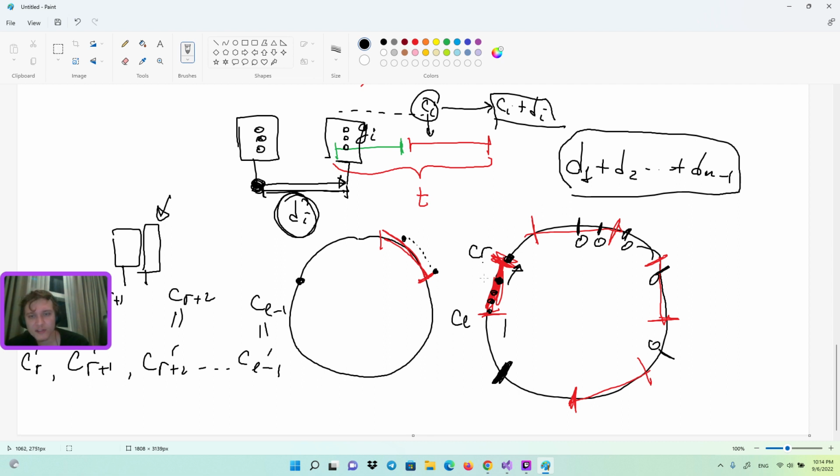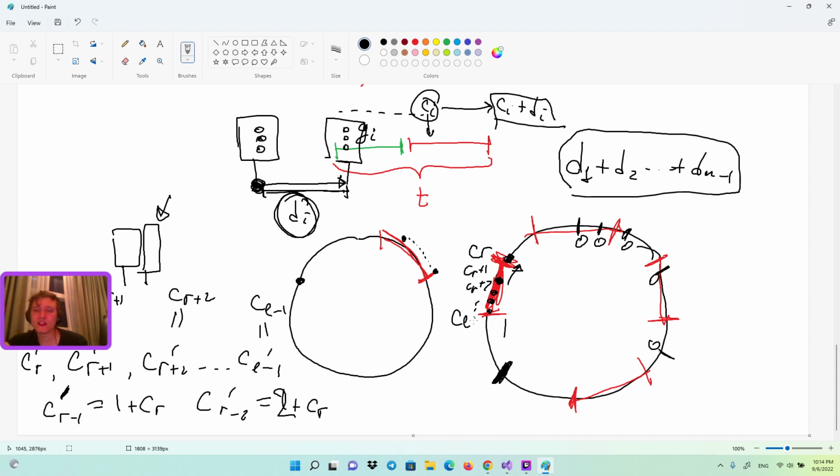But numbers on this segment are changed. For example, CR minus first is 1 plus CR, and CR minus second is 1 plus C2 plus CR, etc. So actually, this is assignment of an arithmetic progression on a segment. So on this segment, you now have CR, CR plus 1, CR plus 2, etc. And this is an easy exercise on segment trees.